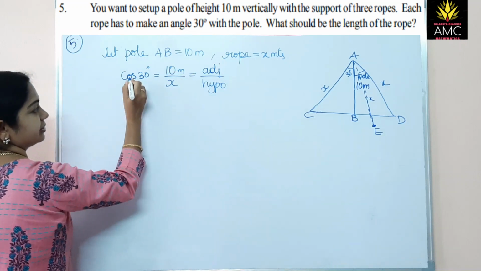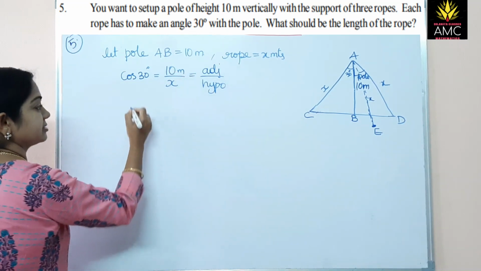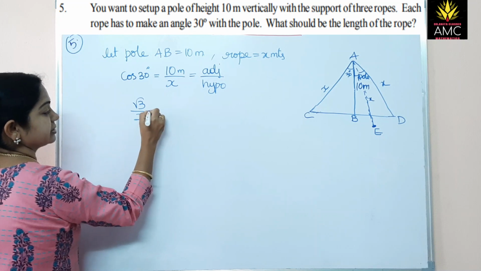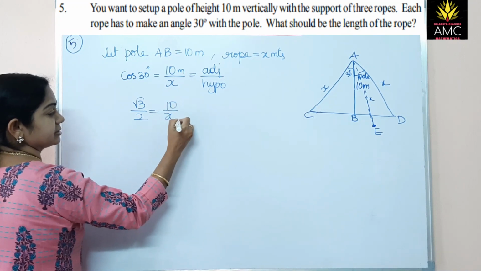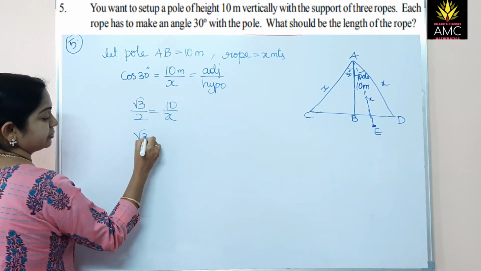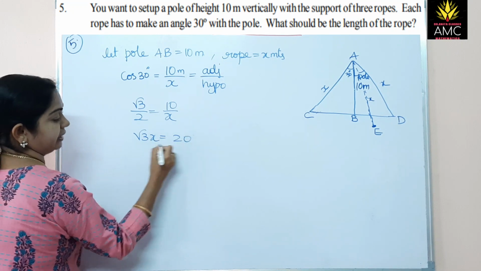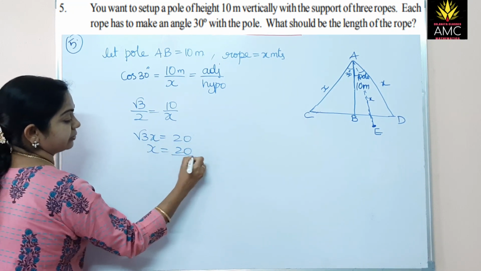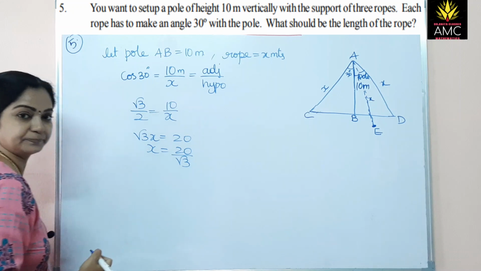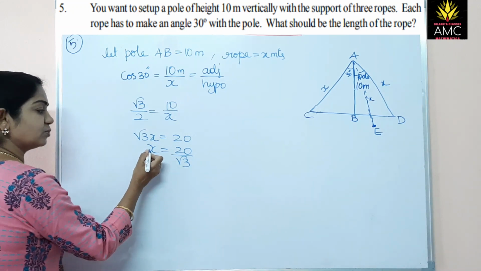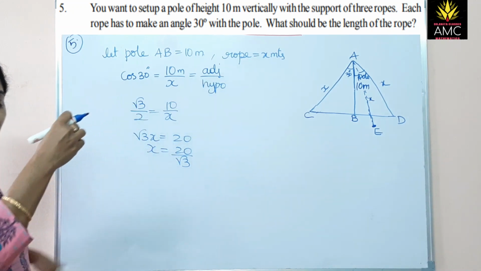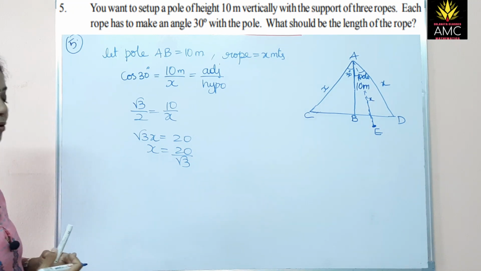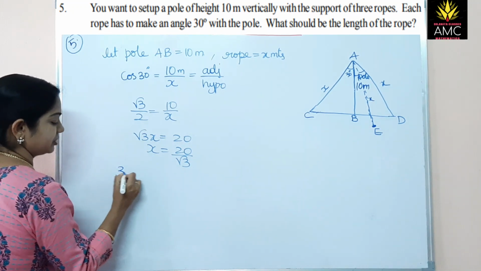So 10 by x. Now cos 30 degrees is sin 60, and sin 60 is root 3 by 2, that is equal to 10 by x. Now cross multiply: root 3 x is equal to 20, so x is equal to 20 by root 3. This is only one rope, but if you want the length of the complete rope, that means 3 ropes are tied.